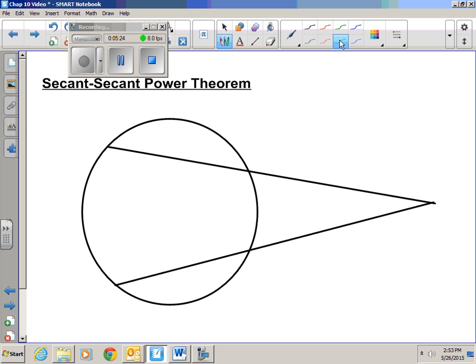Okay, the third power theorem is the secant power theorem. Notice I have two secants.